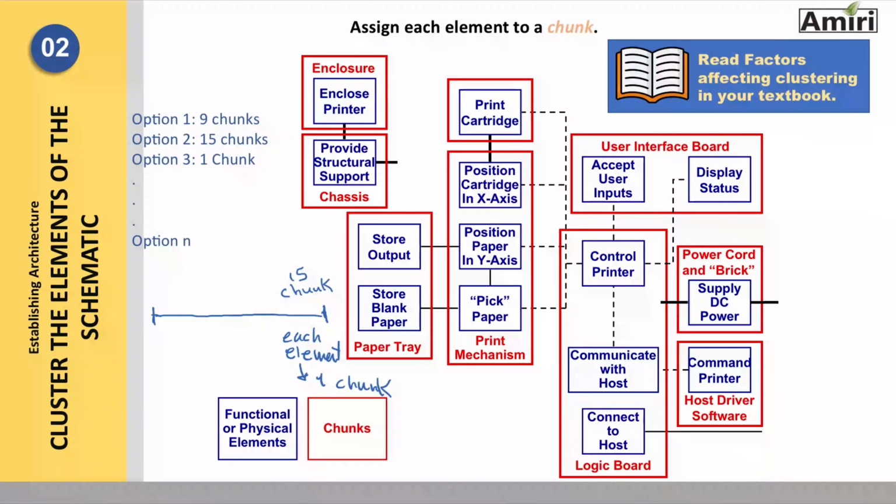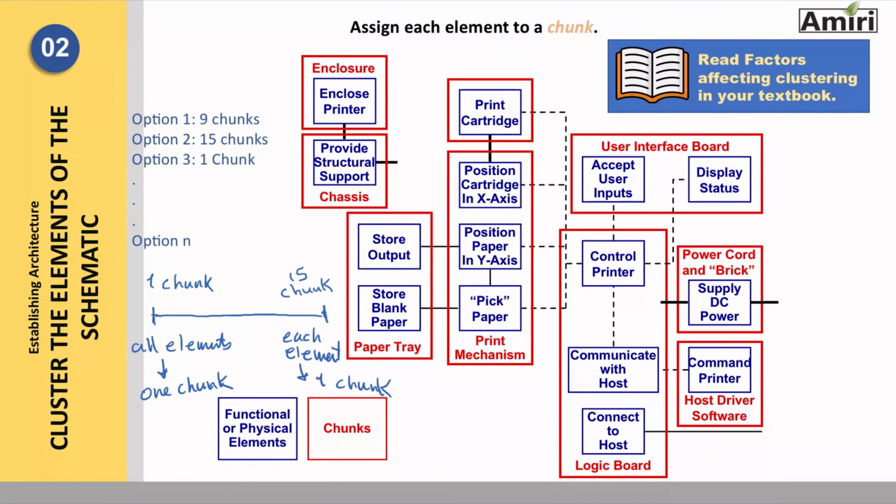And at the other extreme, the team could decide that the product would have only one major chunk and then attempt to physically integrate all of the elements into one product. So on the other extreme is one chunk. All elements will turn into one chunk.